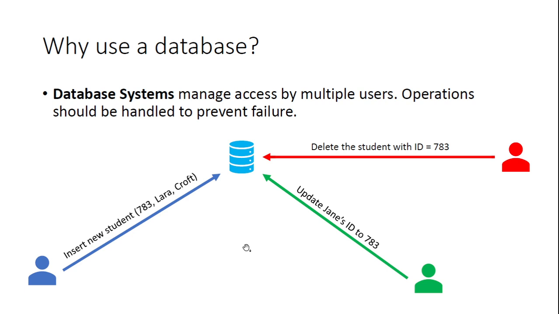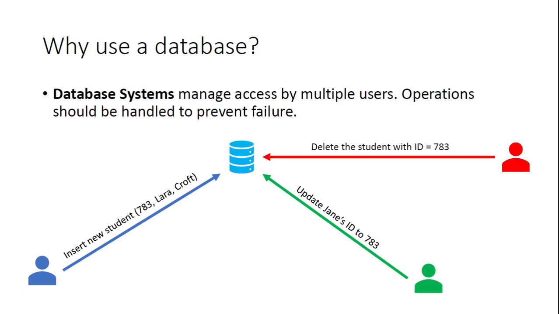And a database system can be managed by multiple users, and these are going to be called transactions. So for example, multiple users are trying to manage, update, or modify the same data, and it is going to handle these cases with certain algorithms.